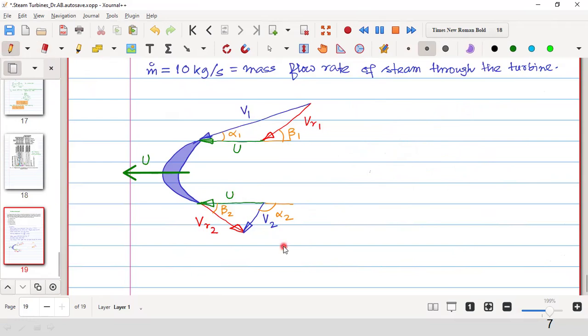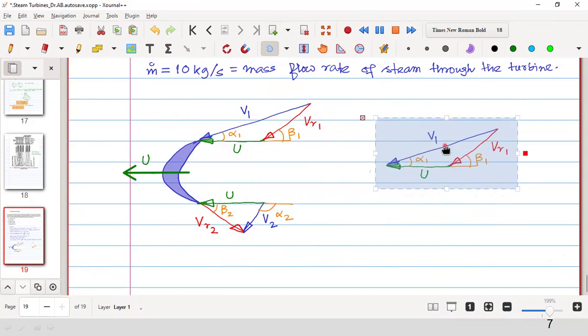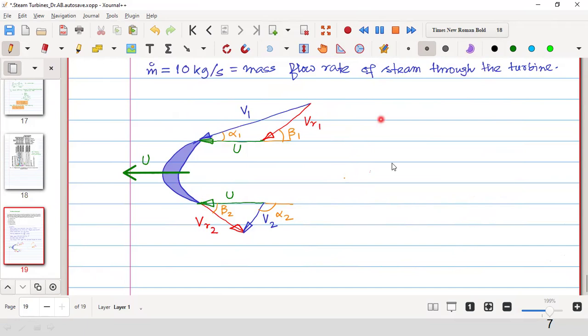It will be good to follow the same direction for these two, so let us copy.